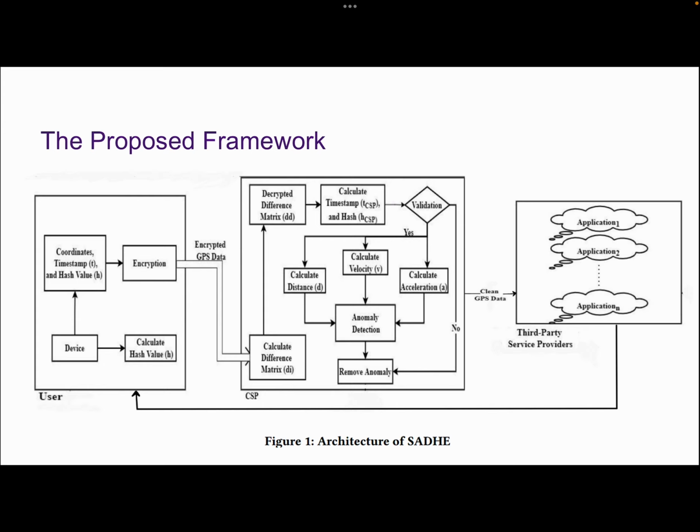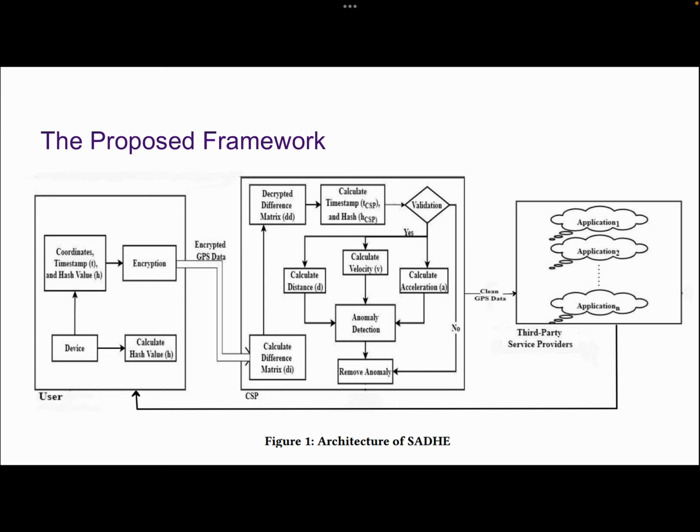The communication channel between the user and the CSP is assumed to be insecure, and that's why the encrypted data is sent here. On the CSP, first of all, the received data is decrypted and the hash value is computed.